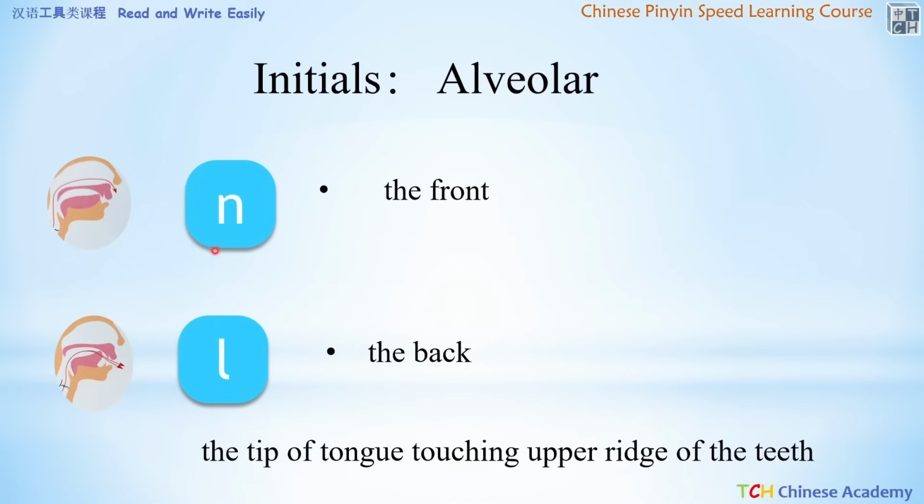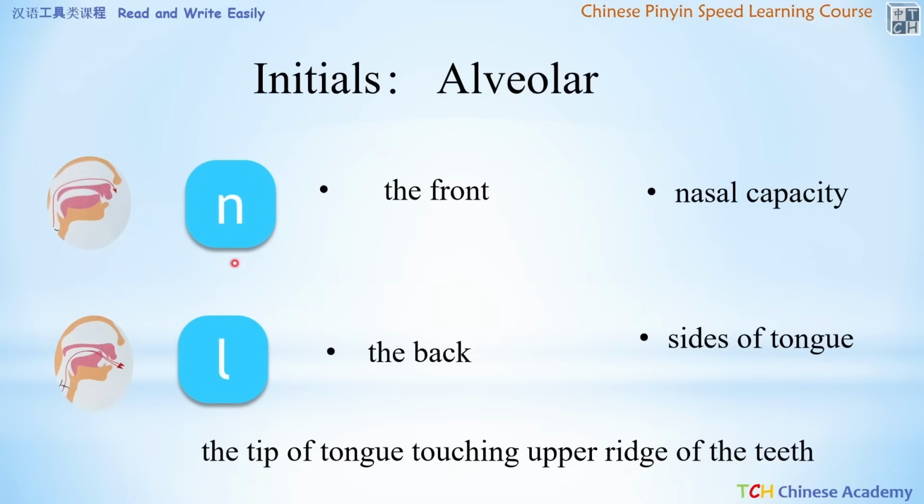And this N sound is a nasal sound, so the air is coming out through the nasal cavity, whereas this L sound is not. So the sound comes from both sides of the tongue. When you pronounce L, try to drop the jaw a little lower and draw back the tongue a little bit so you can make the L sound.